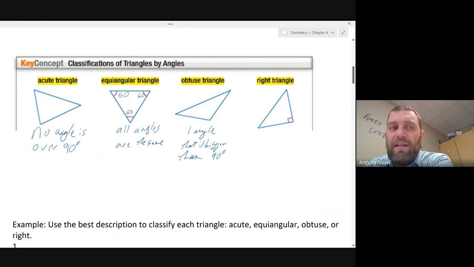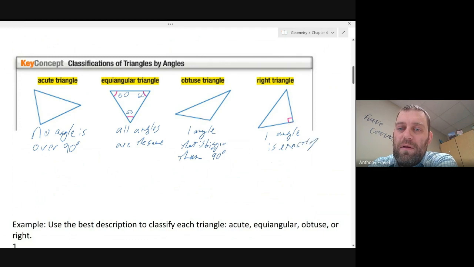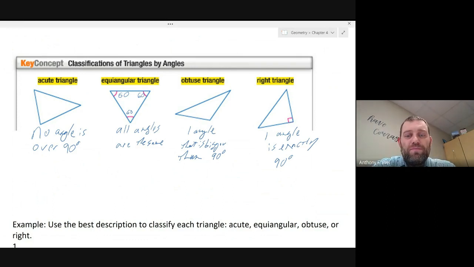Because if we had exactly 90, this is when we get the right triangle. So in the right triangle, one angle is exactly 90 degrees. And again, I apologize for my handwriting. So those are the 4 different types of triangles we have.